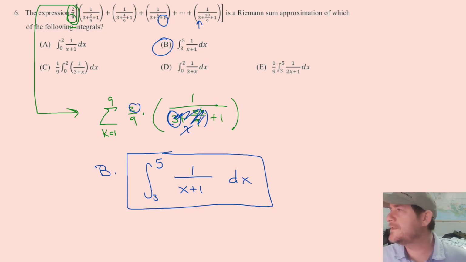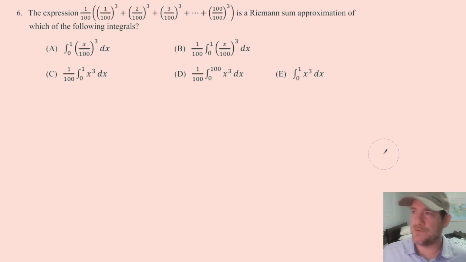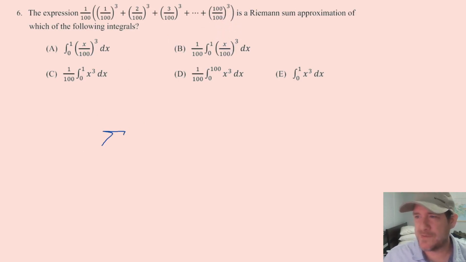Then we move on to the next number 6, and it's showing a hundred different things. It doesn't matter how many there are, but we're doing a summation that starts from k equals 1 going all the way to 100. But what are we seeing?